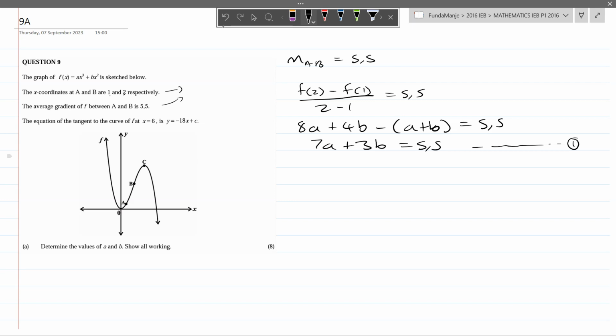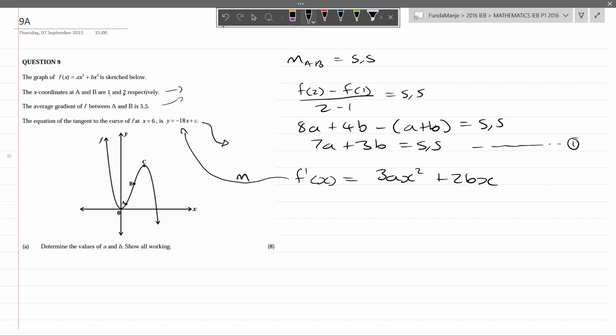And in order to get our second equation, we'll need to use the second part of the information given. So here we need to work with our first derivative of f, which will be 3ax squared plus 2bx. From this, we can substitute the values that we are given. Remember, the first derivative is the gradient, and it's the gradient when x equals 6.